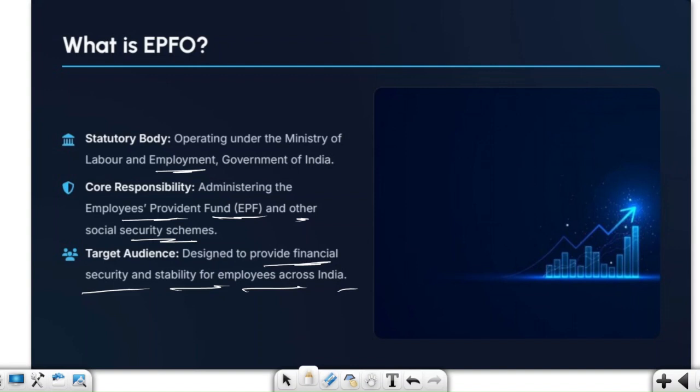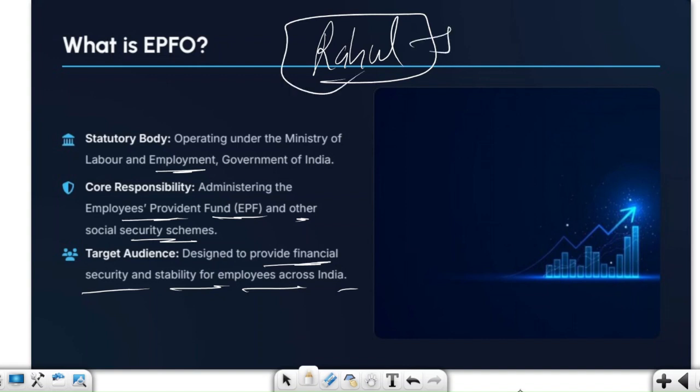Okay, understood? Now we are going to talk about this particular scheme, taking an example of Mr. Rahul. Mr. Rahul has joined a company where his basic salary along with his DA is equal to 30k rupees, right? So he is earning 30,000 rupees.